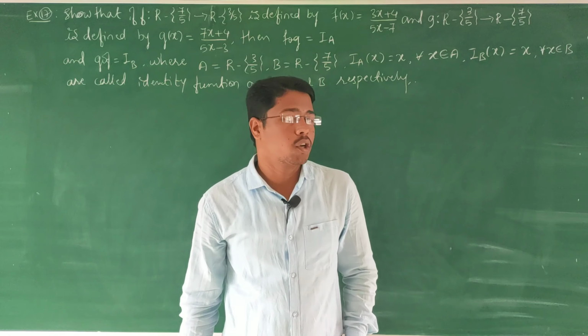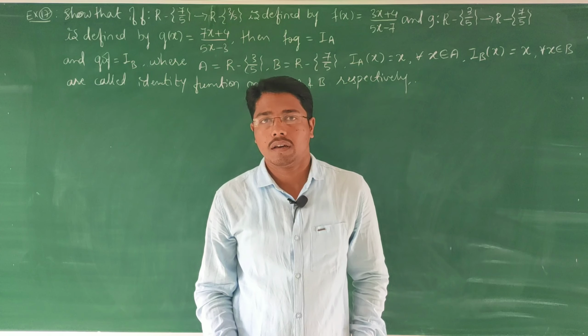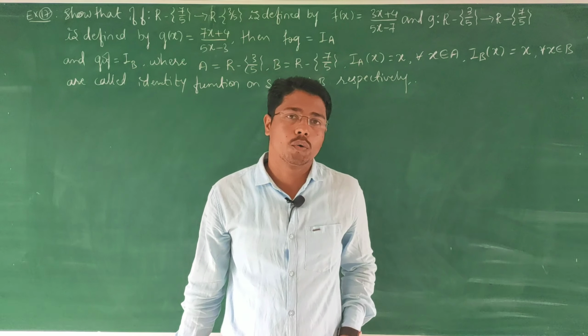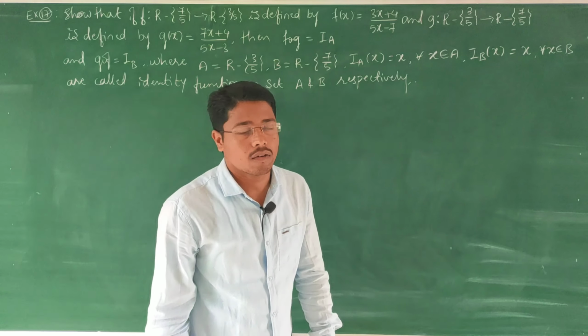So let us continue the problems of finding the fog and gof of a function, that is, on the composition of two functions. Okay, so let us see the question.